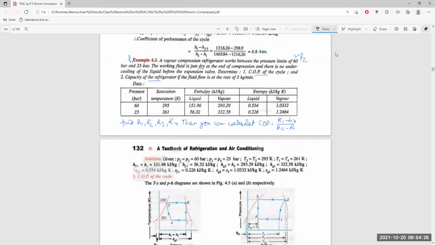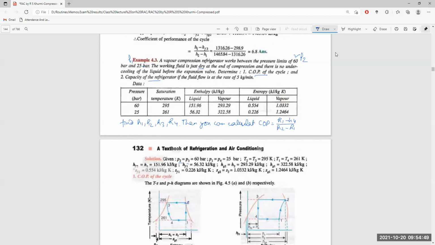This is the enthalpy on the liquid line at the higher temperature, which is given as 156.96. So we put it like this: HF1, the enthalpy of the fluid at point 1.